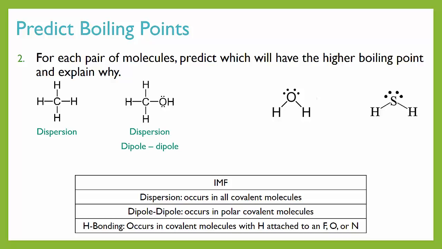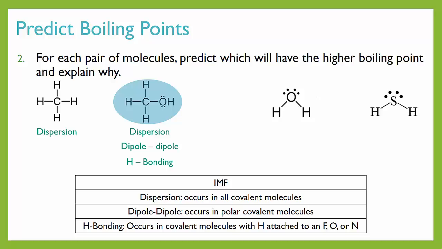If we were to draw a line, we would see that it was unsymmetrical. And we have a hydrogen attached to an oxygen, meaning that it has hydrogen bonding. So methanol is going to be much more attracted to itself than methane is attracted to itself. So I'd have to put more heat into boiling methanol. In fact, at room temperature, methane is a gas, but methanol is a liquid.